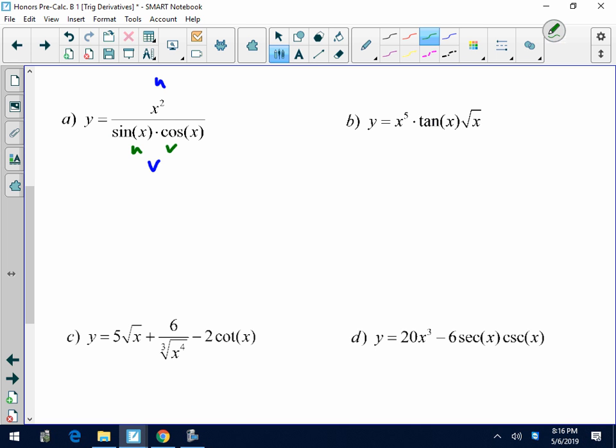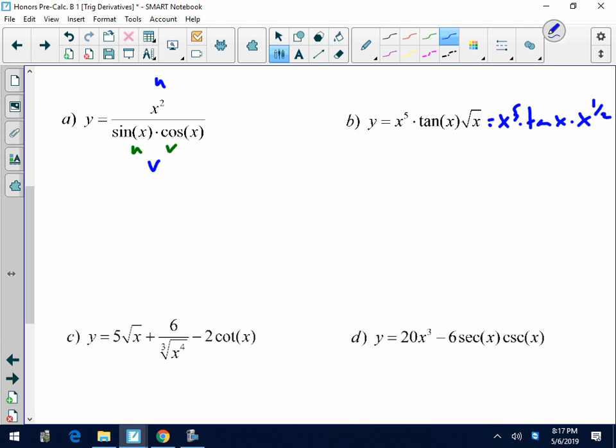Now, this next guy is a little bit more involved. So right here, what I'm going to say is if we rewrite this guy as x to the fifth times tan x times x to the 1/2 power, we can say that really we have a product of 3 terms, right?